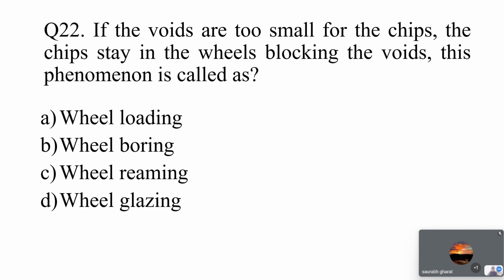So if the voids are too small for the chip, the chip stays in the wheel, not in the void. This phenomenon is called as what? Glazing is not the option. Truing is a process, and boring is again a process.